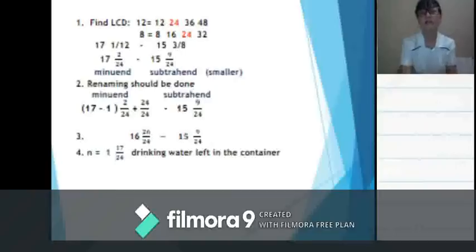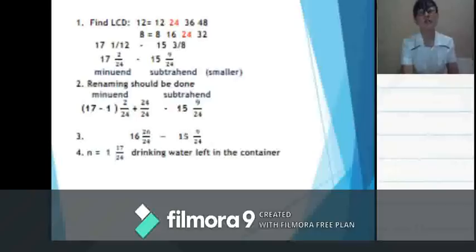Although we already have our denominators with the same value, try to look at the numerator of the minuend, or the fractional part of the minuend. Try to look at this answer.